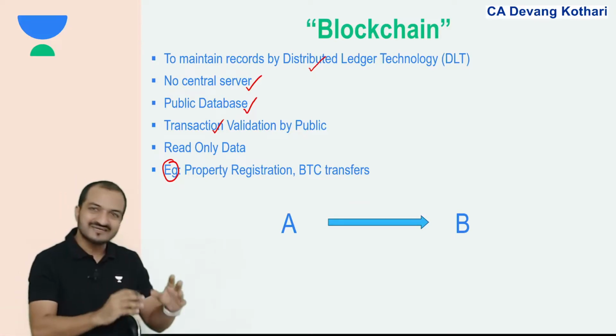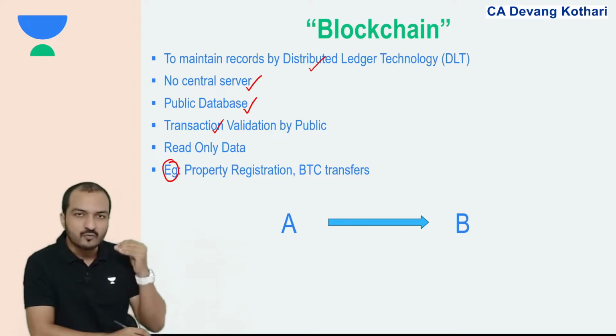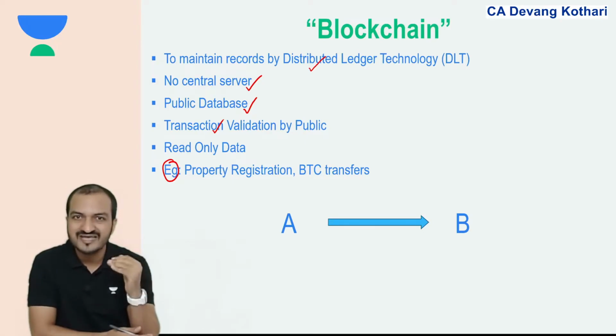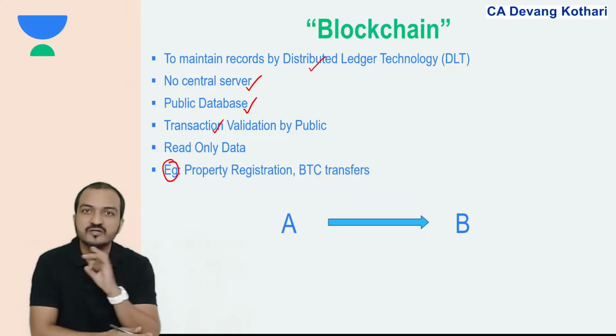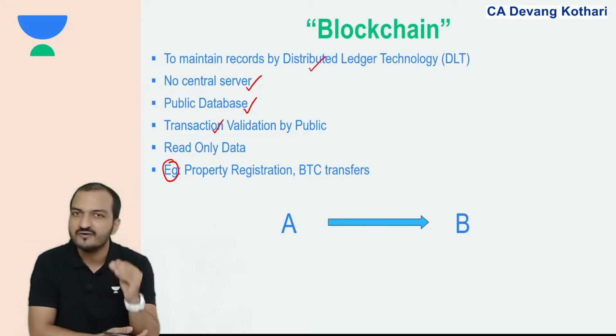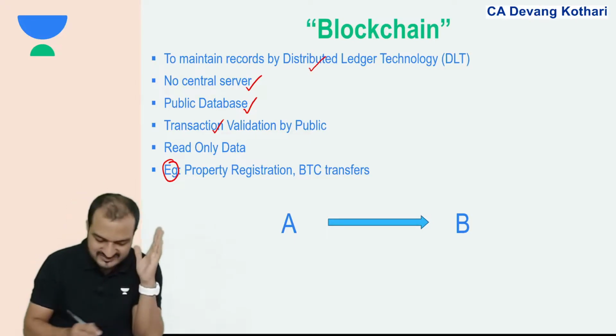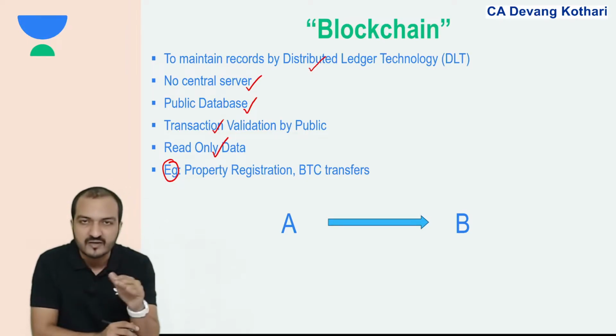Once it is added to the chain of blocks, you can never change, edit, or update that transaction. That becomes a permanent entry into the blockchain. So this transaction now becomes read-only data. Absolutely nobody can make changes to that.